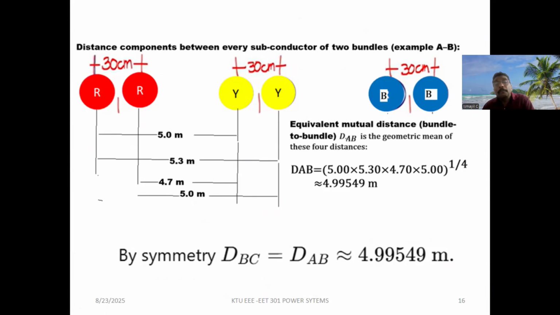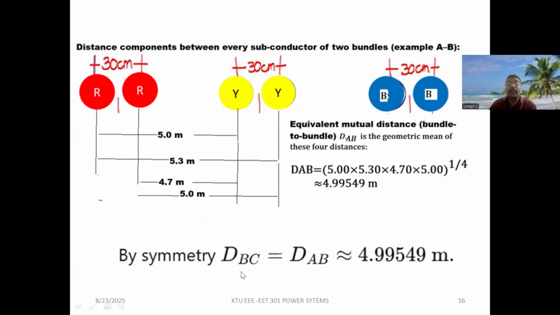And you can see that if you do the same calculation with the Y phase and B phase, the 4 distances within Y and B, first Y and first B, first Y and second B, these are symmetrical.